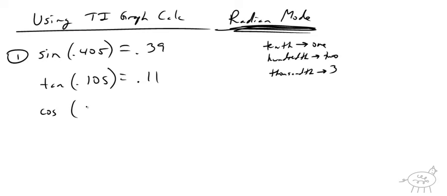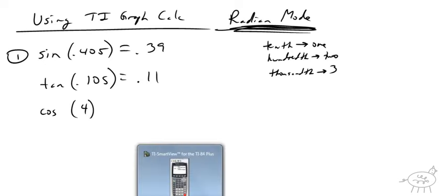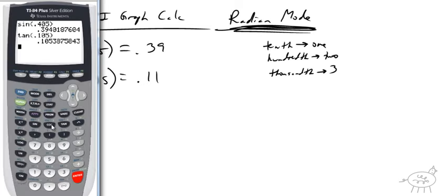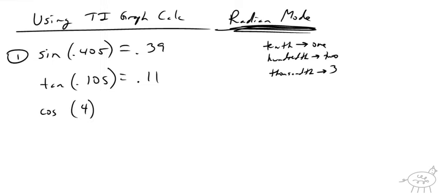You don't have to put small numbers. We can say the cosine of 4 radians. That's pretty reasonable. Okay, so let's take a look at that. Cosine of 4 radians. Remember, these are all radians. Hit enter. Negative 0.65. Okay, negative 0.65. That's the first kind of problem. That's a really easy kind of problem.